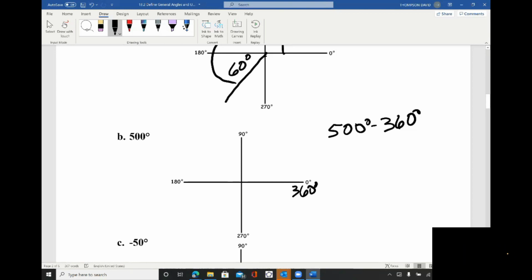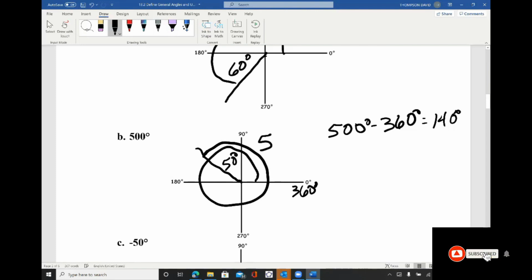Yes, 140. So going back around, it would be a little bit past 90. So add 50 to 90. So here's our 50 degrees. We're going to approximate this to be 50 degrees. So to get to the 540, we go around once, go around twice, and there's my 500-degree angle.